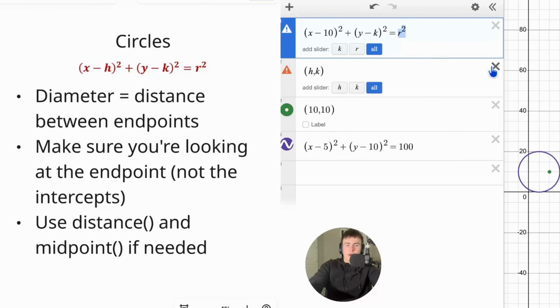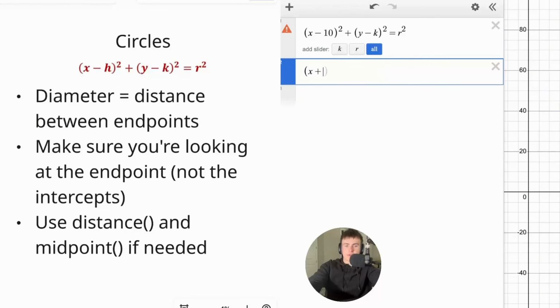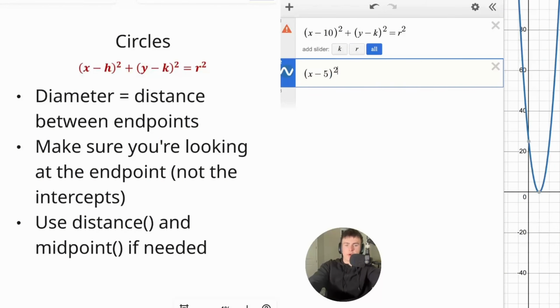Now, if we have a circle equation, for example, let's say we have (x − 5)² + (y − 10)² = 76. And we want to find the diameter, or sorry, we want to find the distance between the endpoints, which is the diameter, right? So all you do is find the distance between these 2 points.